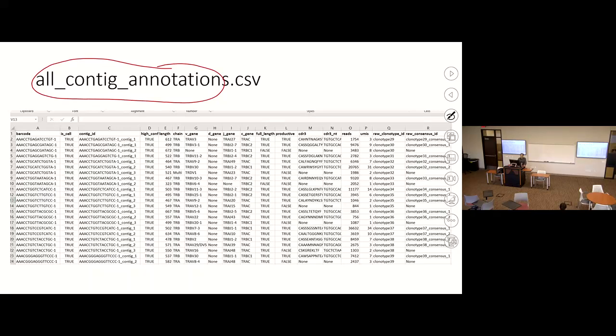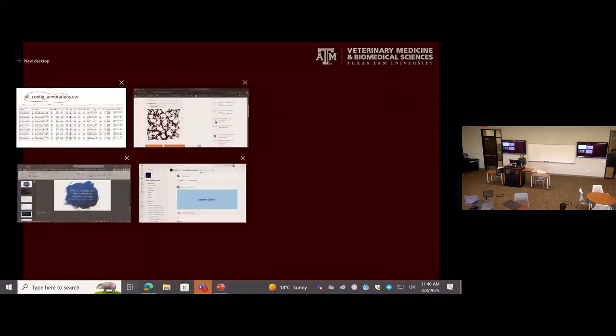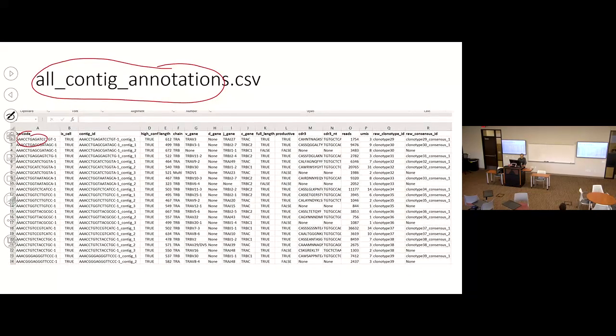You found this particular cell. So the barcode is the cell. Most of them should be T cells or B cells. Then for this particular cell, the contig tells you the sequence of that receptor region. You can find another file that will have the full sequence, but here it just tells you what genes are in there, so what type of V genes.